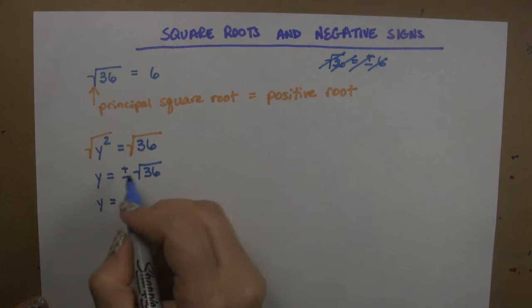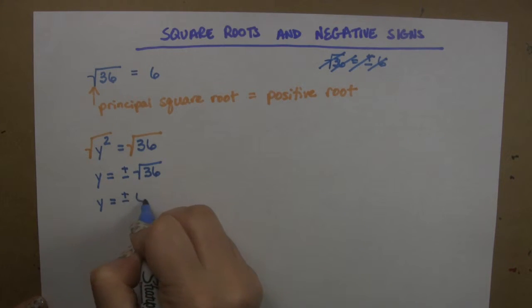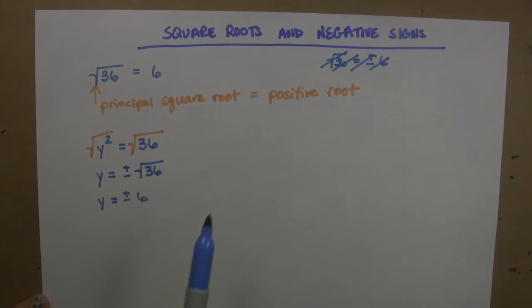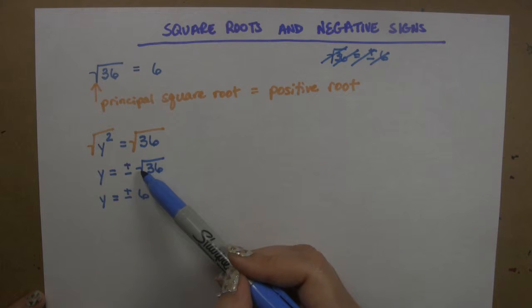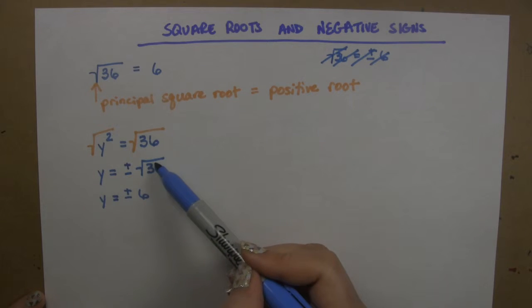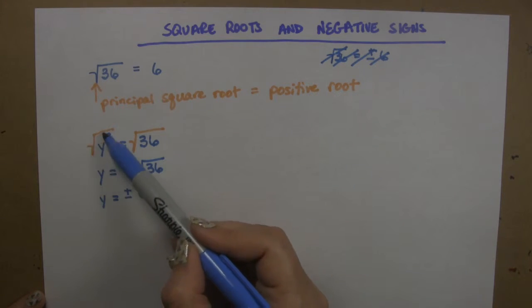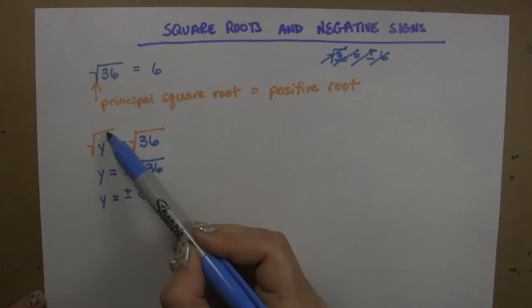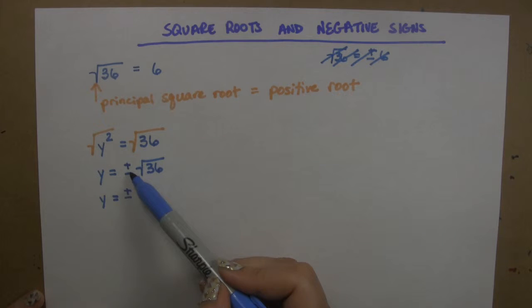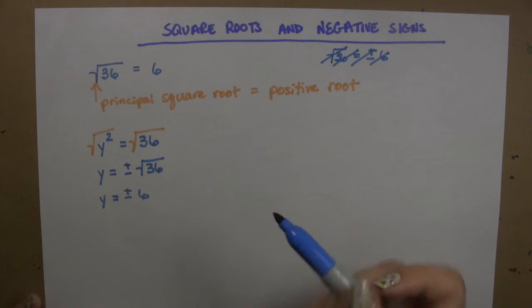So y equals plus or minus 6. You'll notice that I put my plus or minus sign outside of my principal square root sign, right? So when I took the square root of this side of the equation, that meant that I automatically put this plus minus over here.